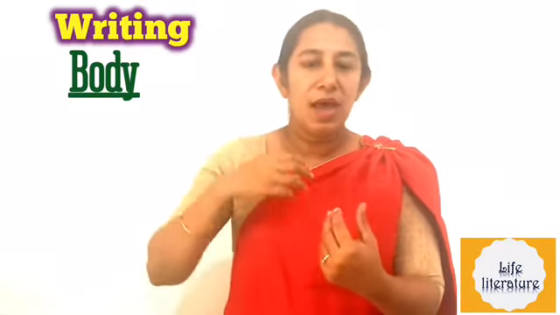This is the most vital part, the most important part, because here you are forwarding your points, your arguments, and your familiarity with the particular text. What should you produce here? You have to produce your points, that means what you have found from the text.